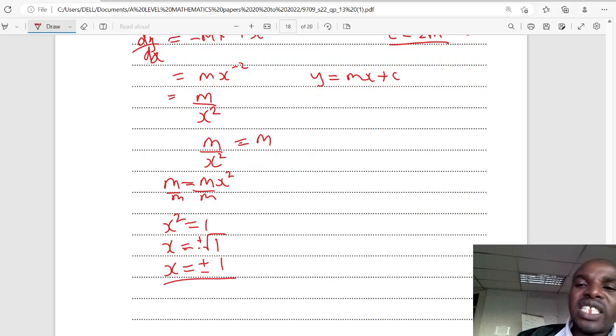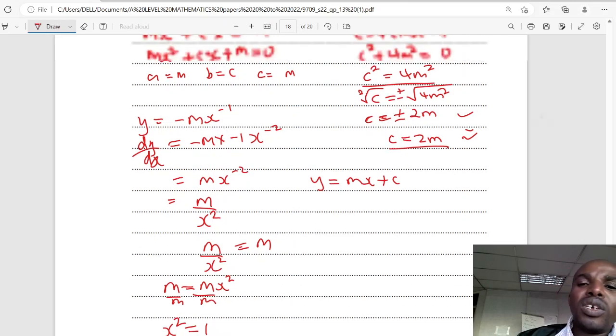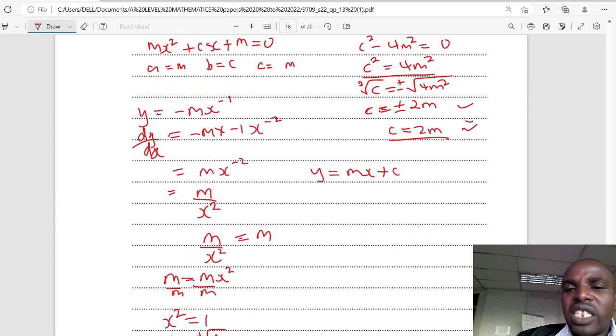Right, so that's x. What about for y now? We can use this part. Your y here is m times x plus c, and you can put c as 2m there.